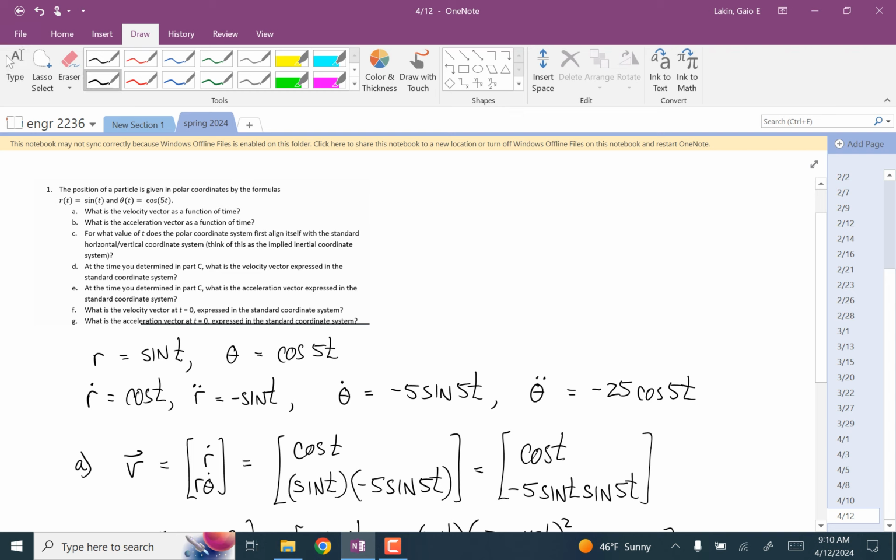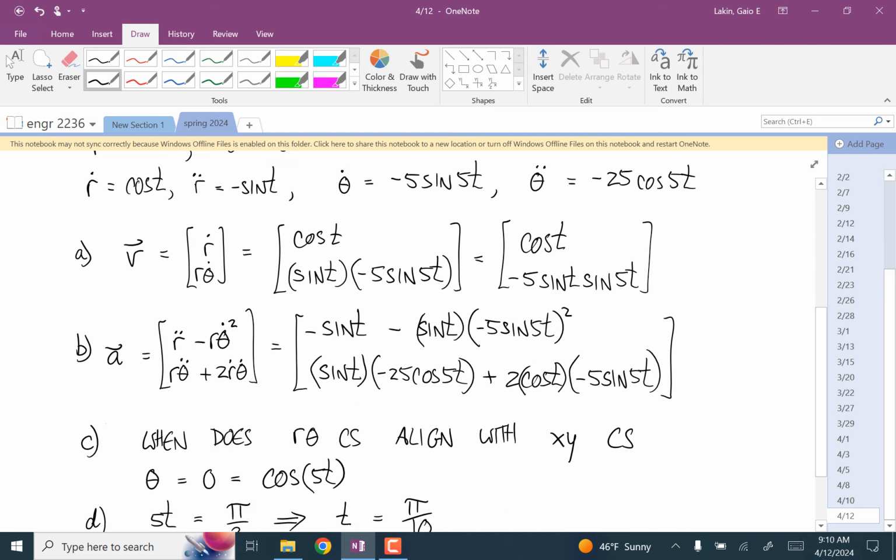What's the acceleration vector? I'm going to skip that, but it's the same, like plug the time that you calculated into your function. That gives you your r theta velocity vector. And then the next step, no matter what r theta is, is to re-express that in the XY coordinate system. Okay.